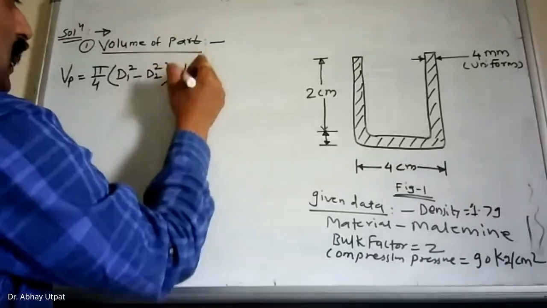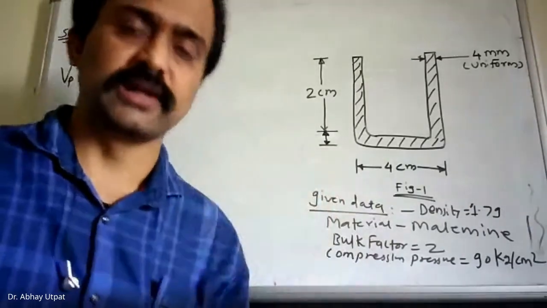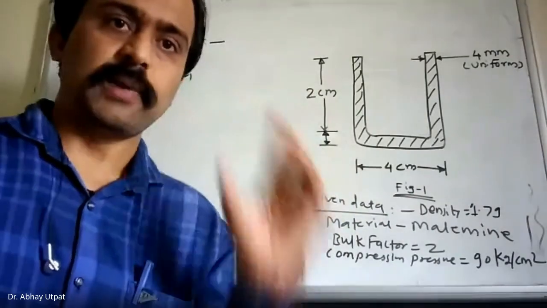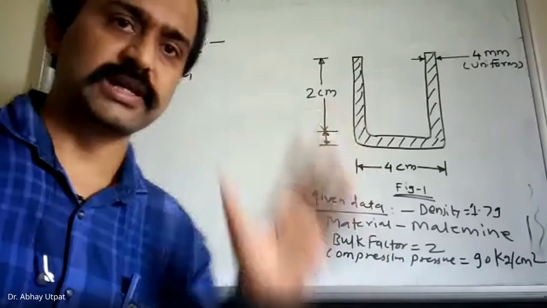Pi by 4 d square L is the volume of cylinder. That's why it becomes pi by 4 (d1 square minus d2 square) L plus the volume of this disc, pi by 4 d1 square L1, where d1 is equal to 4 and L1 is equal to 0.4 centimeter.